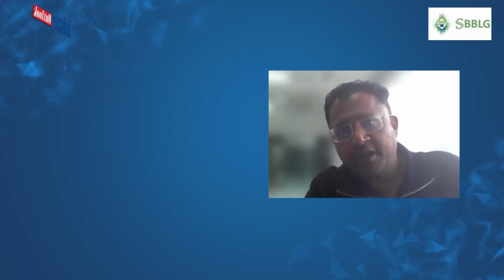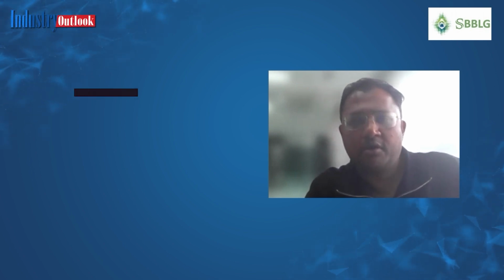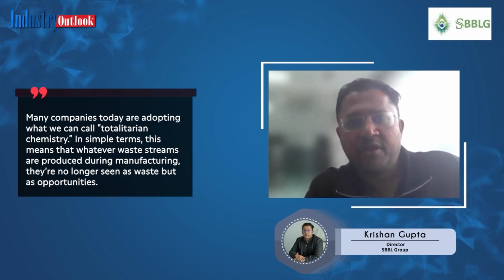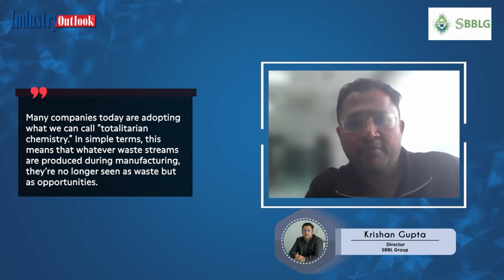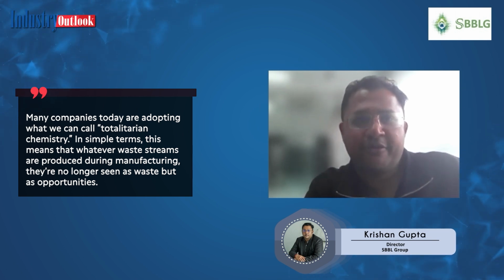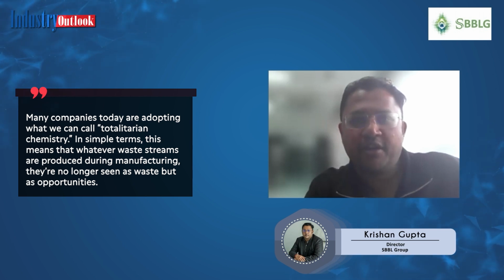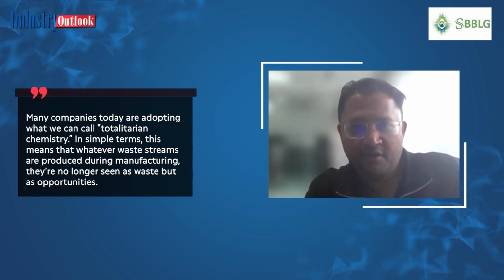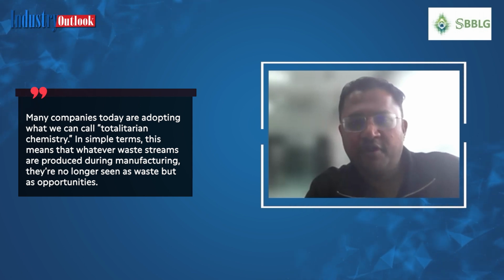A lot of companies nowadays are going for what you can say a totalitarian chemistry. Whatever the waste streams are being produced nowadays, the market is so competitive that you cannot just throw your waste stream out. You have to work with your waste stream and produce something which is of economic value.